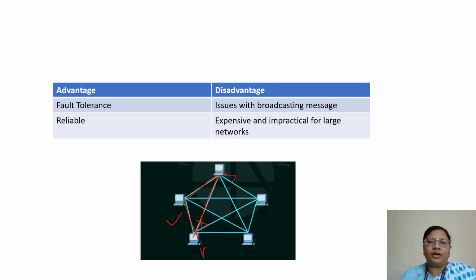Likewise, if the sender and receiver are connected by a path and the data is sent that way, and some trouble occurs, it is going to choose another path, this way or this way, or like this also you can choose. So there are a lot of alternate ways. That is the meaning of fault tolerance. Next is reliable. Reliable means it can be trusted.